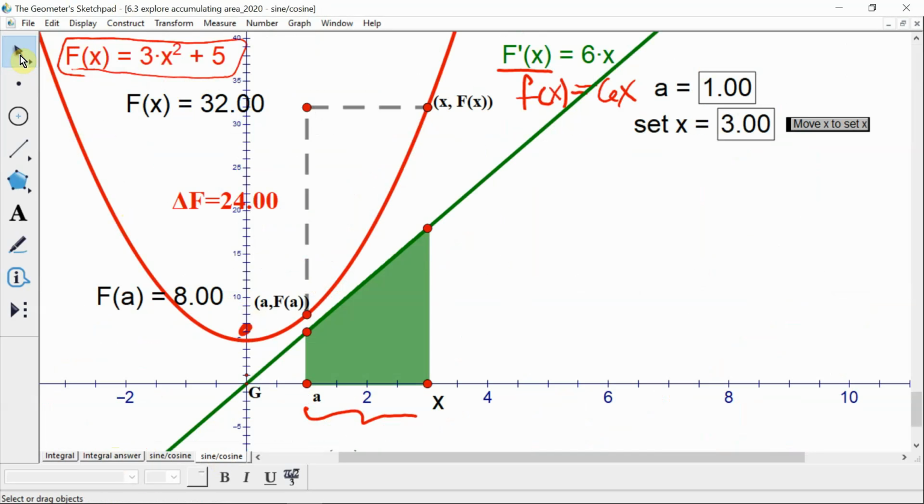And so when you think about this a value, really what we're looking for is that for the antiderivative, if this antiderivative went through that point, do you notice that the accumulated area then would have to be that y value? So let me say that differently, okay? So if we would find the y value on this antiderivative at 1, in this case, that's 8.